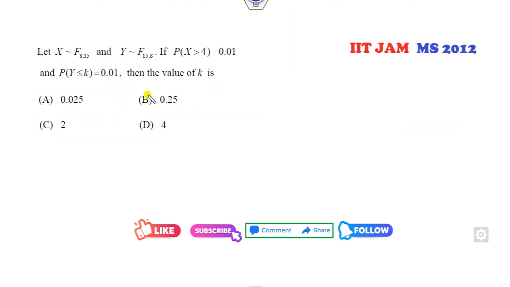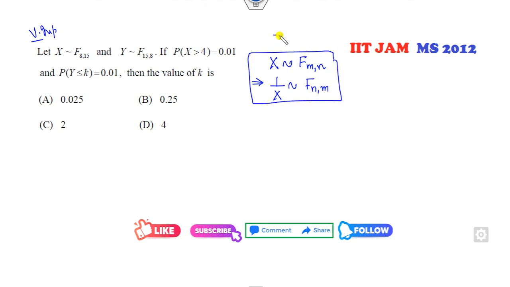Okay, look at another one. That kind is very important. Always remember, if X follows F with m comma n, then as I told you in the earlier example, 1 over X will follow F with n comma m. Now if you look at this X and Y, what does it mean? Y is nothing but 1 over X. Now I can write this.